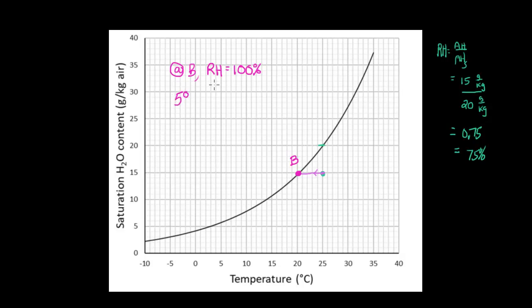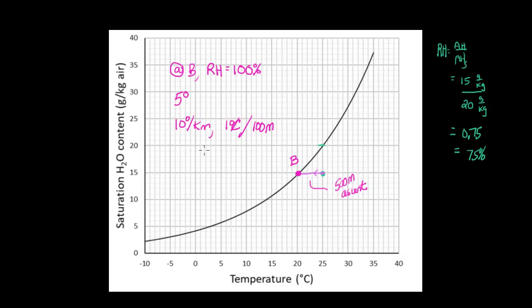What you need to remember is that the dry adiabatic lapse rate is 10 degrees C per kilometer, or equivalently 1 degree C per 100 meters of elevation. So in order to decrease by 5 degrees C, the air must have risen by 500 meters. So this little path here is equivalent to a 500-meter ascent.